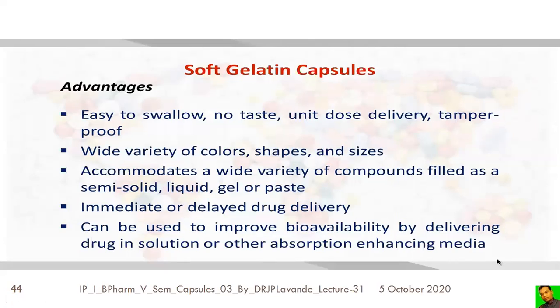There is a wide variety of colors, shapes, and sizes available. They will accommodate a wide variety of compounds, such as semi-solid, liquid, gels, or paste, which is not possible with the hard gelatin capsule or with tablets.